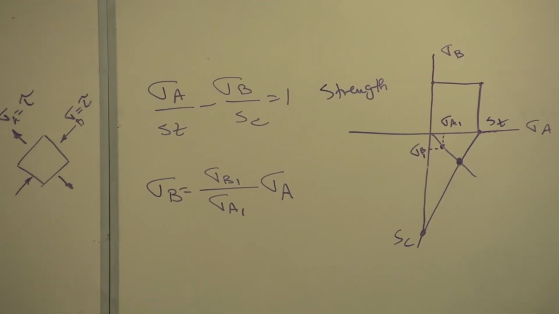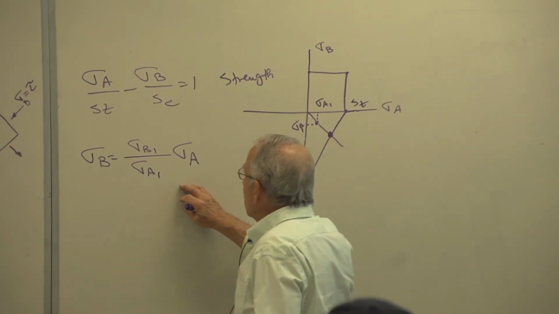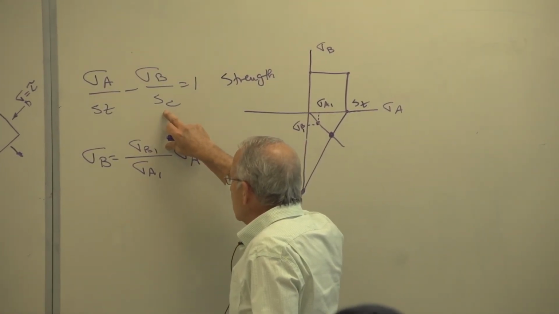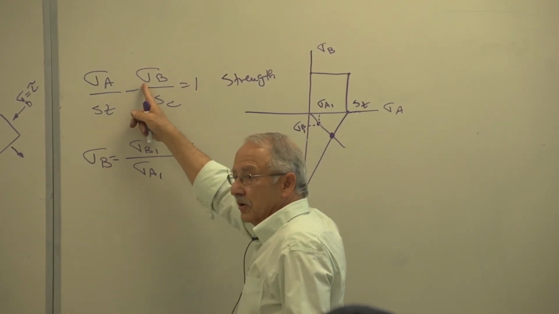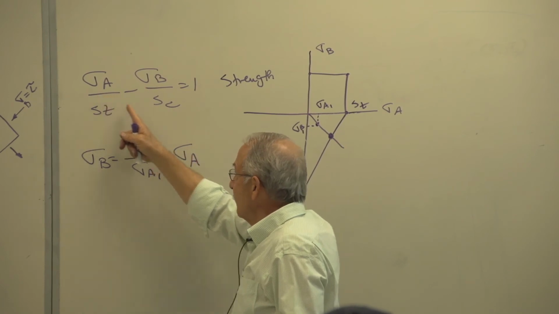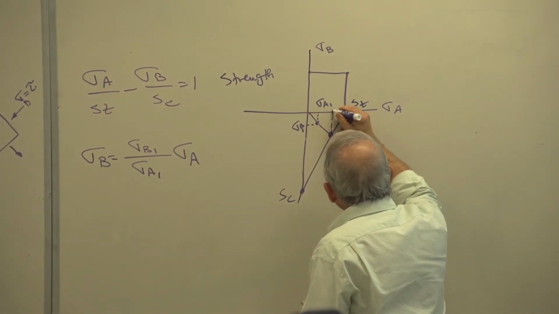We say failure will occur when these two cross. So if I substitute sigma B over here and solve for sigma A, I should get this value here, should I not?